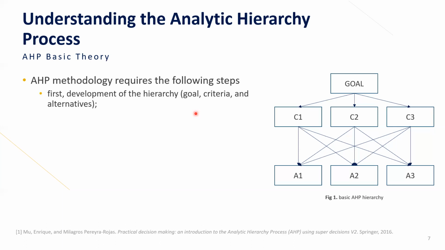It's like, if previously we talked about objective functions, the objective function is the goal. The criteria are the parameters that you use to calculate this objective function, that will affect your objective function or your goal.